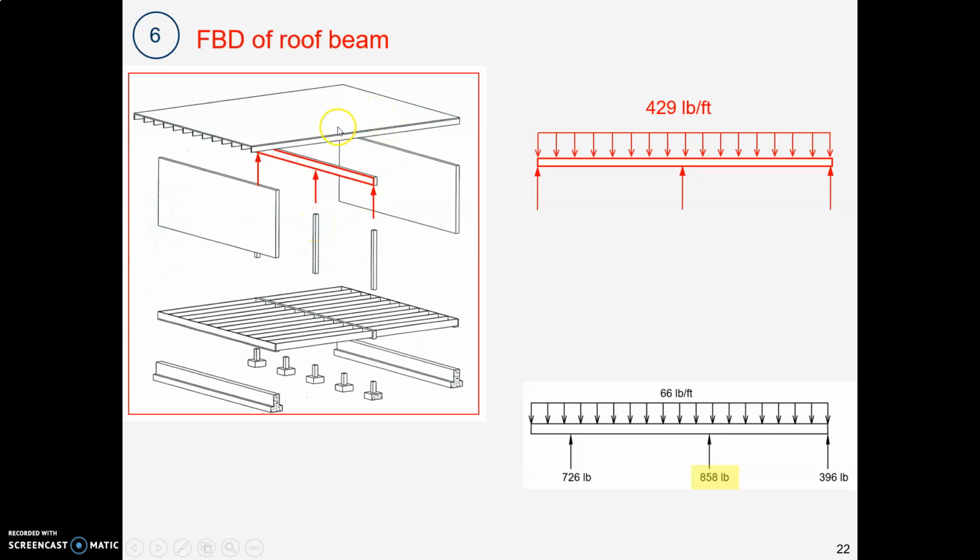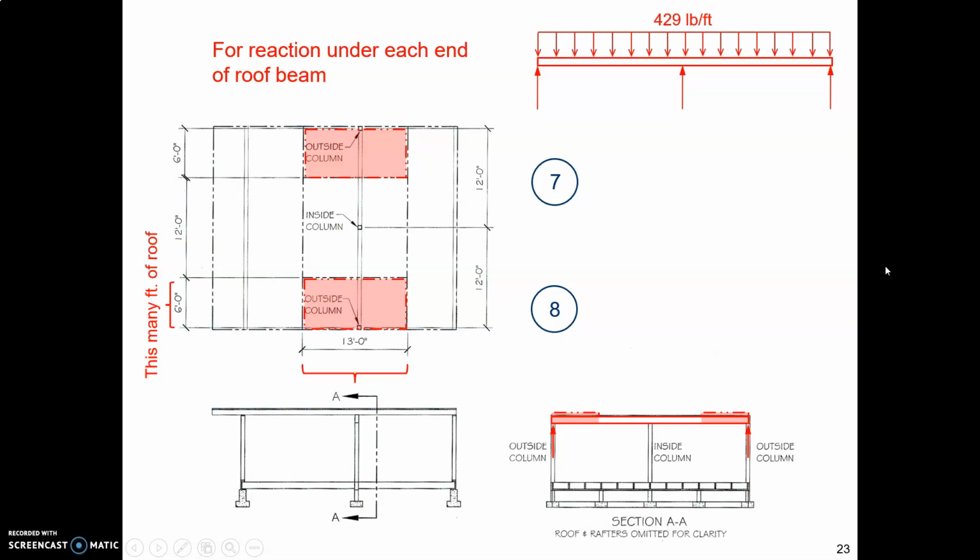So think about how we want to figure out how big a tributary area is sitting on each post. That's what this is talking about. So on the outside of the roof, each outside column has a tributary area that extends halfway between that column and the next column. Those columns are 12 feet apart.